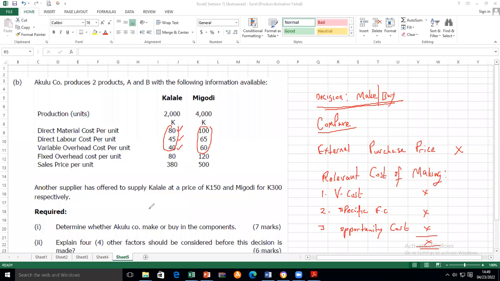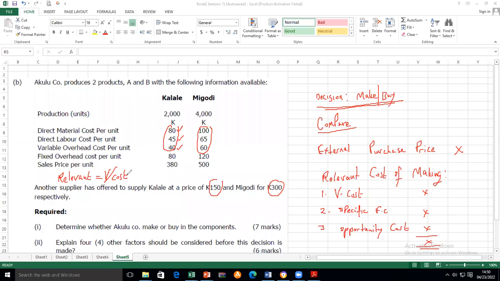Then another supplier offered for K, they're offering 150. That one they're offering 300. So what you do is you simply add. So the relevant cost of making here is just the variable cost, that's all.